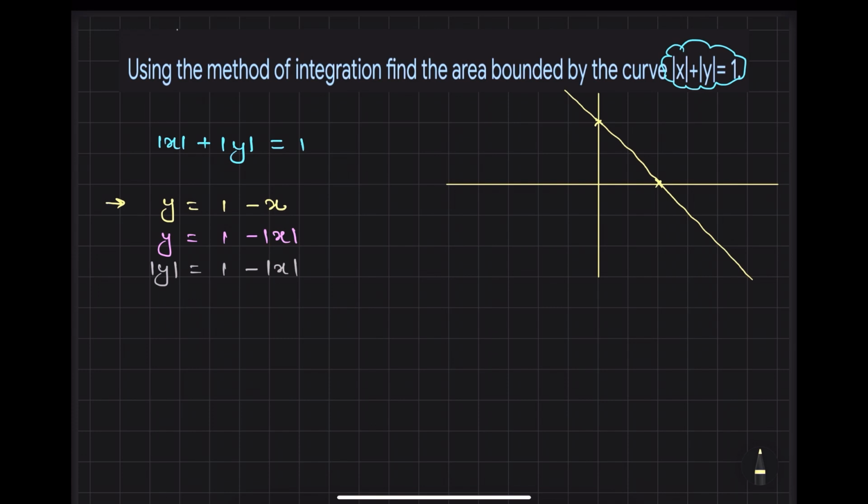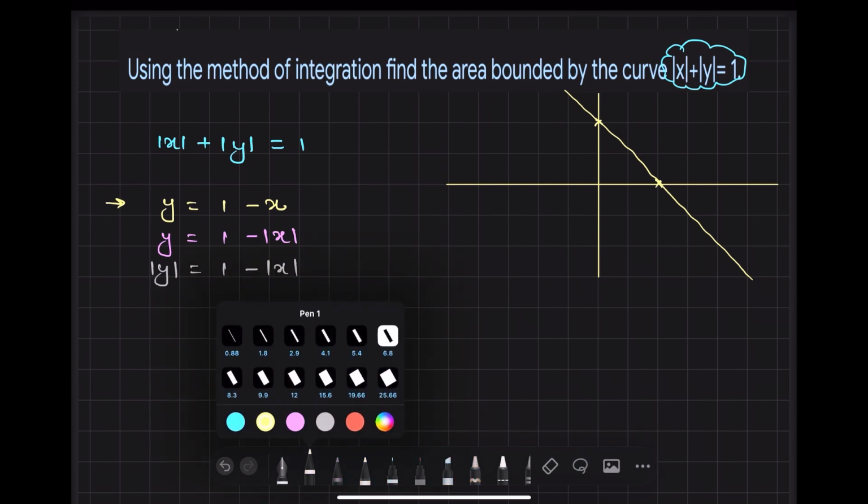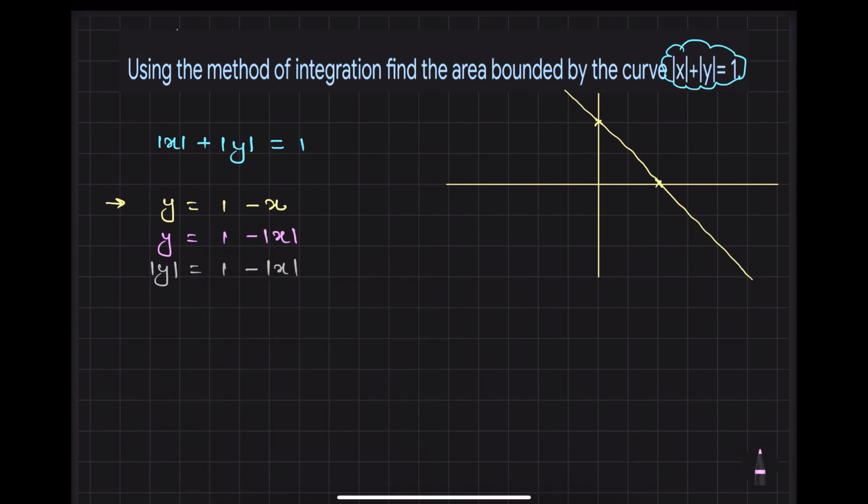Now what did they do? On stage 2, they put mod on x. Do you remember the transformation? You have to apply the transformation of the graph here, meaning you replace x with mod x.